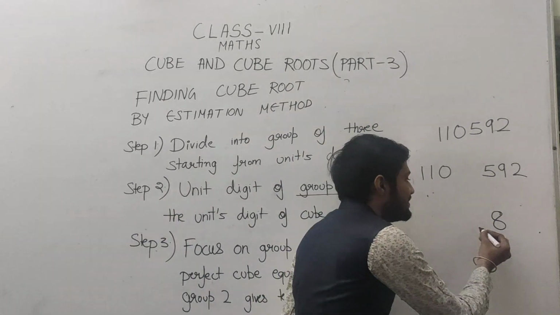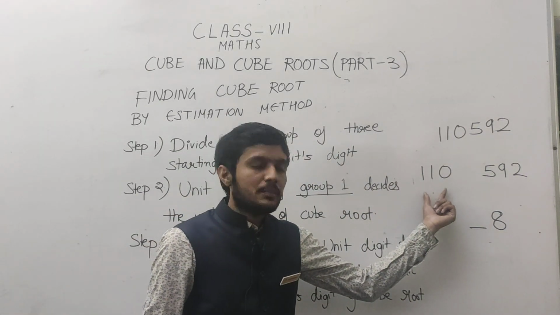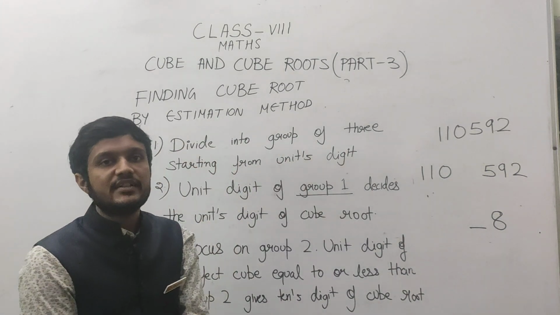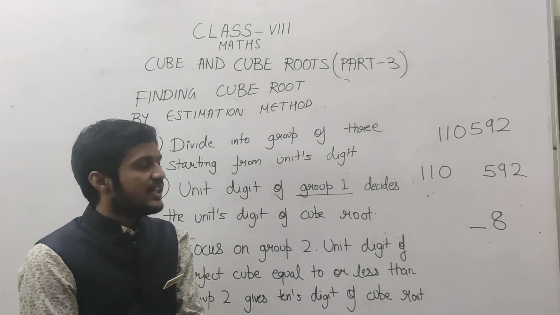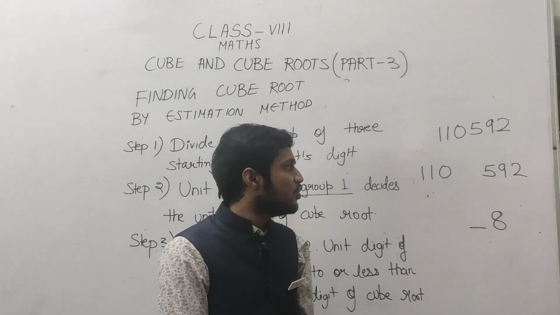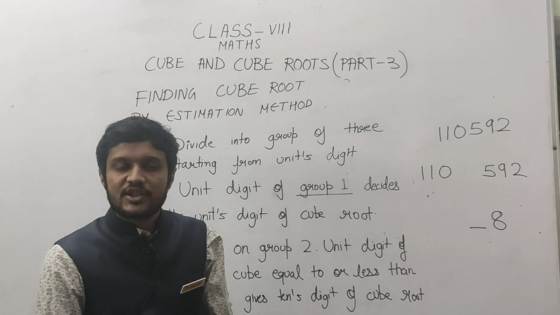Now for the tens place digit, you have to focus on the group 2 number. Think of a number which is either equal to 110 or just less than 110. Again think of perfect cubes: 1, 8, 27, 64.